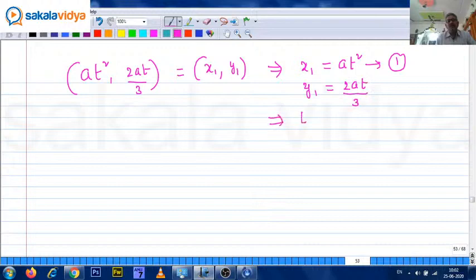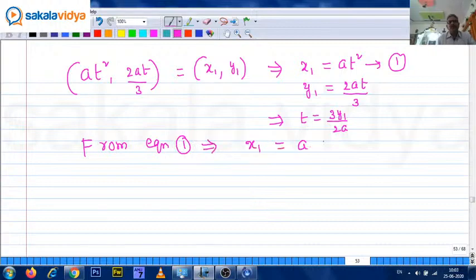So t equals 3y1 upon 2a. From equation 1, x1 equals a times t square. T square means 9y1 square upon 4a square. So a gets cancelled. We have 9y1 square equals 4ax1.